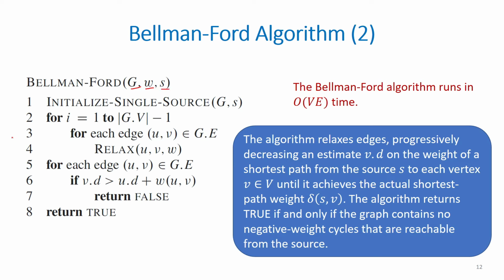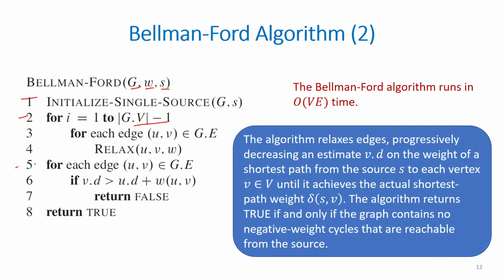On line 1, the graph is initialized according to the initialize single source procedure that we discussed on slide number 9. In the for loop on line 2, every edge in the graph is relaxed using the relaxation technique we just saw. This is repeated |V| minus 1 times over each edge in the graph.